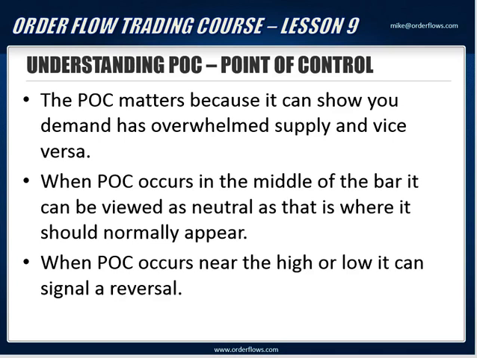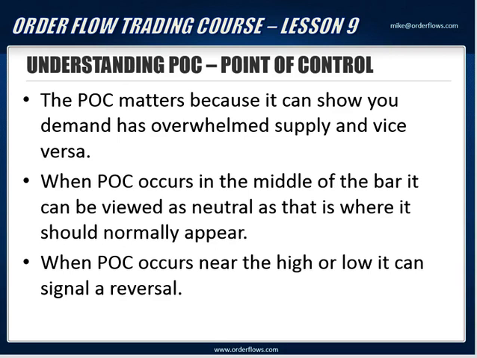The point of control matters because it can show you areas where demand has overwhelmed supply or vice versa. It's going to be the area where the heavy volume was in the bar more often than not. When point of control occurs in the middle of the bar, it can be viewed as neutral, as that is where it should normally appear.